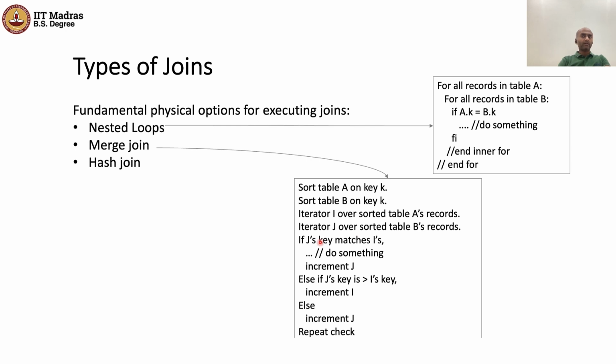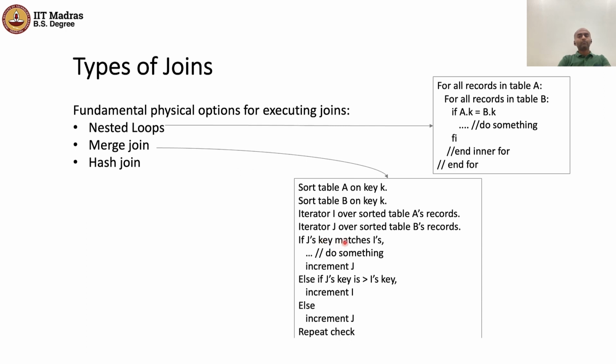Because the keys are drawn from the same domain, you would expect the values to match or not match, or be greater or be lesser. There needs to be some very clearly defined comparator that should be possible on the key data type. So you could just have different if conditions for each of the different values of the comparator.